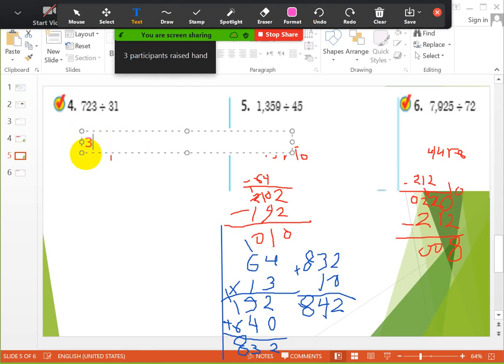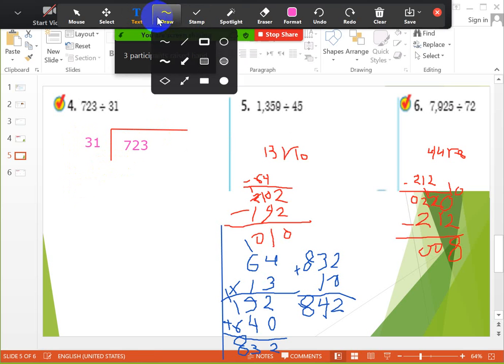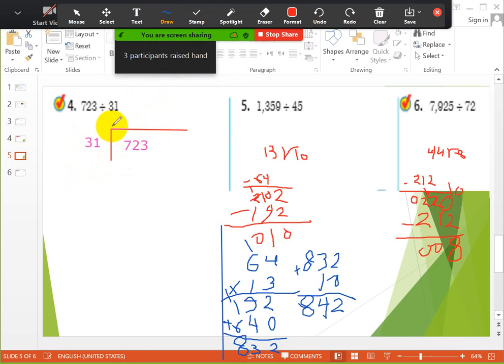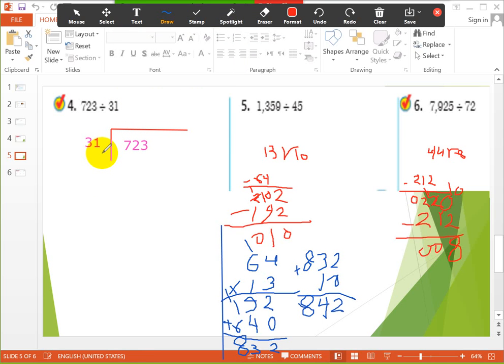Let's divide. Now, I want to know the first digit in the quotient. So, I will take the 7 and divide it on 31. Please, girls, stop writing on the chat box. Just if you have any problem, type it, okay? One time, only one time, okay?